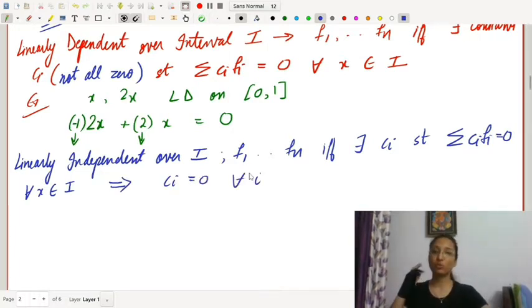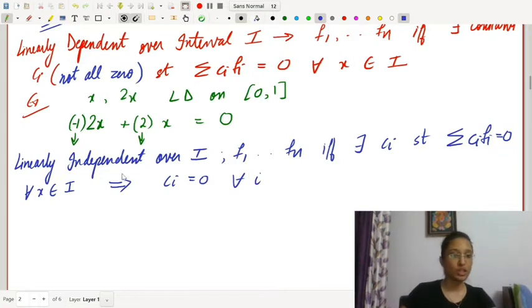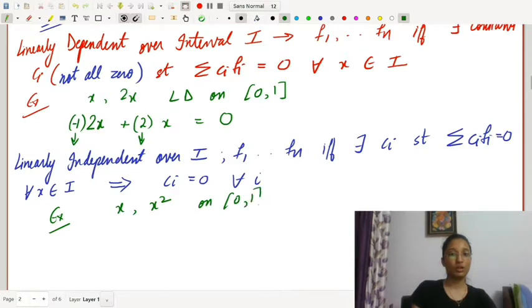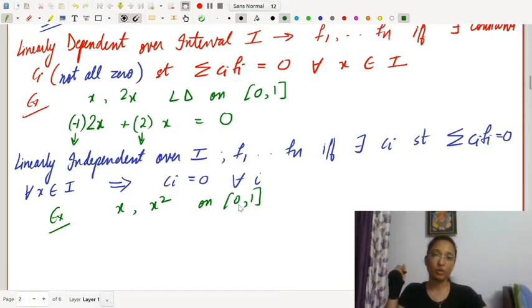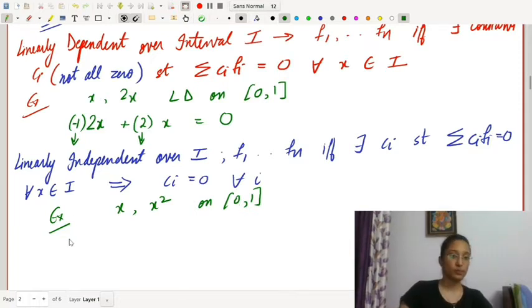That means all the arbitrary constants should be 0. For the example of it, x and x cube on 0, 1 are linearly independent because we cannot find non-zero constants such that their summation would be 0. It needs to be 0 and 0.